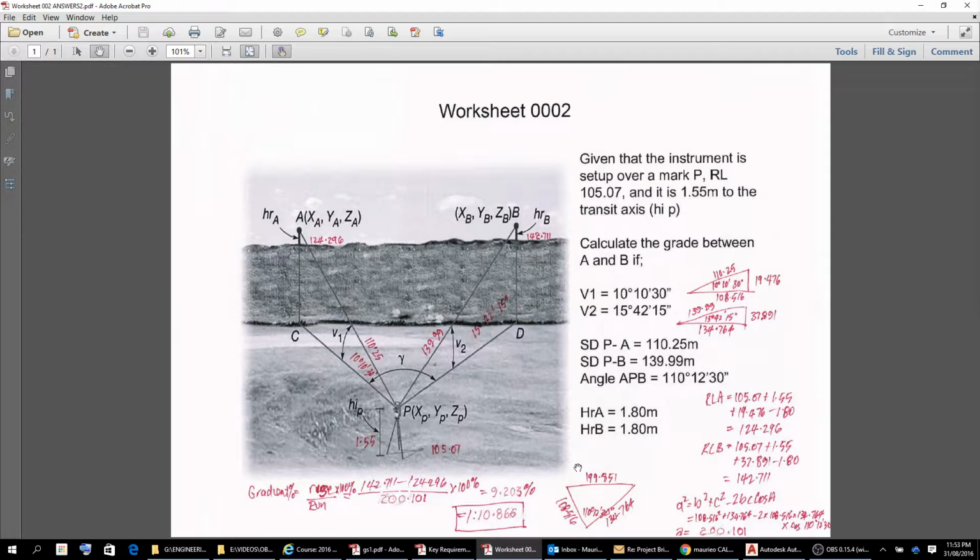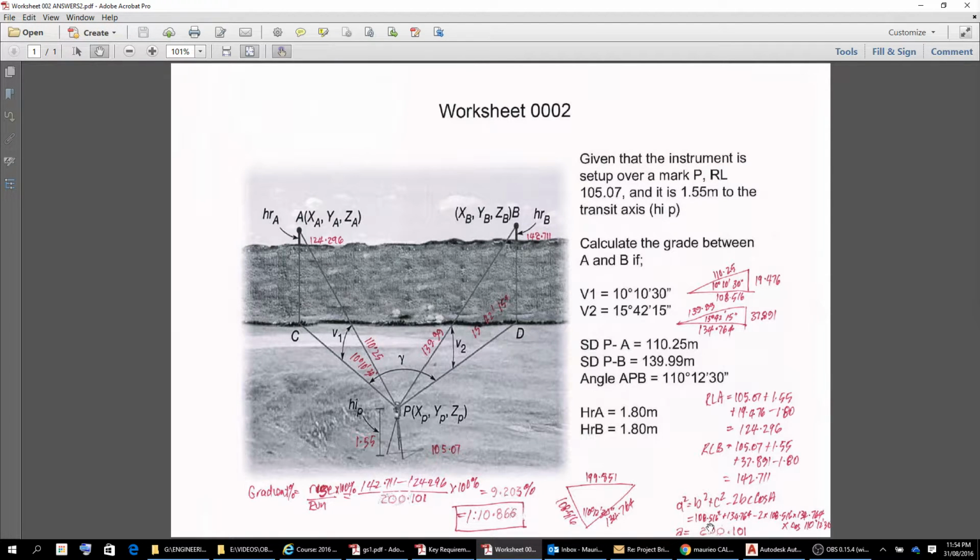So there we are, we have a triangle, and we can solve that triangle using the cosine rule. A squared equals B squared plus C squared minus 2BC cosine A. So filling in the various things, remember it's the square of the two sides minus 2BC, which is 2 times the product of the two sides times the cosine of the angle between them.